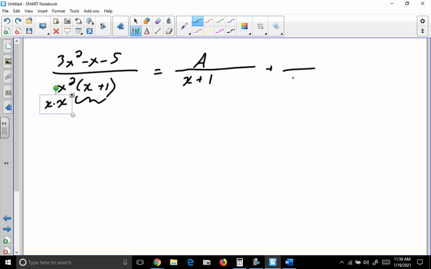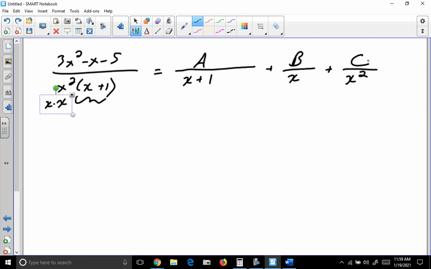So remember how we do that. We have to have one factor that has an x to the first and one that has an x to the second. It still can't be improper, and turns out both of those are just going to be constants. This would have to be a constant. This technically could have an x and a constant, but since that's just a higher power of this factor, it's going to be of the same degree.